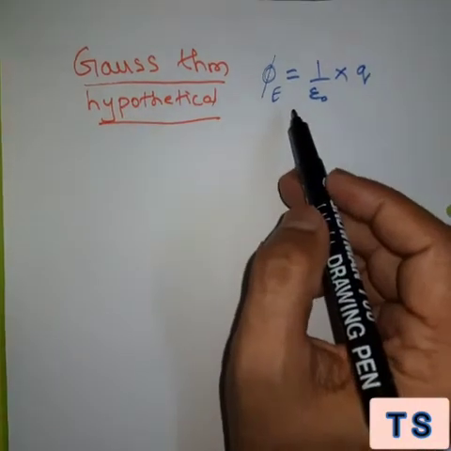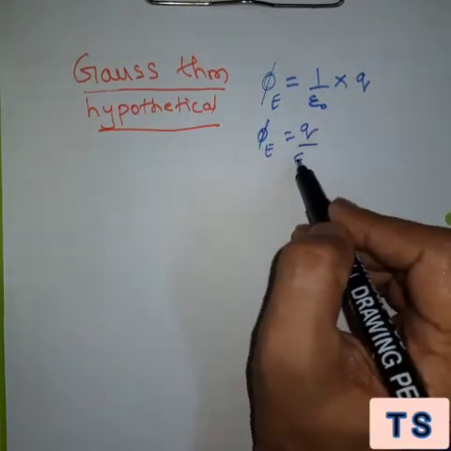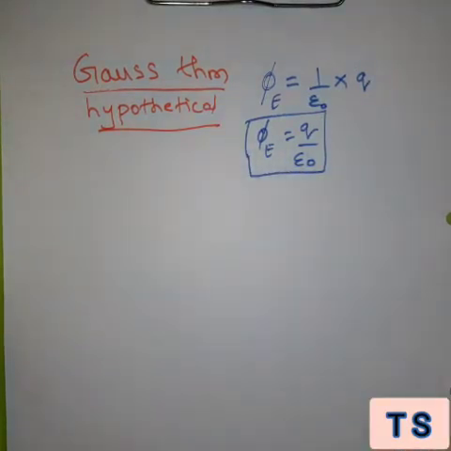So my formula will be phi E equals Q upon epsilon naught. This is my Gauss theorem, or statement of Gauss.